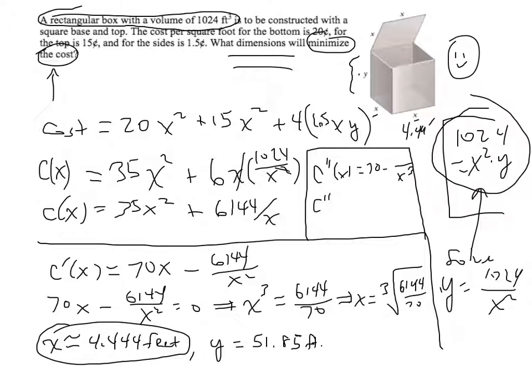And if you check C double prime at 4.44, you'll find out that that is positive. And so that means, along the lines of the second derivative test, that at this critical value, 4.44 feet, the graph is actually shaped like this. And so that means that at 4.44 feet, you really do have a minimum there. And because that's the only critical value, that has to be the absolute minimum.